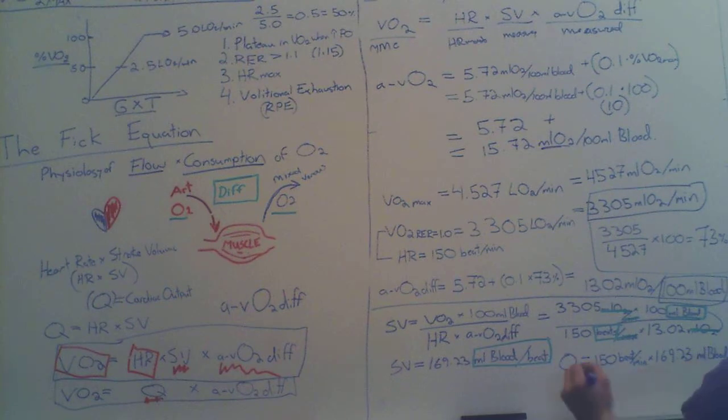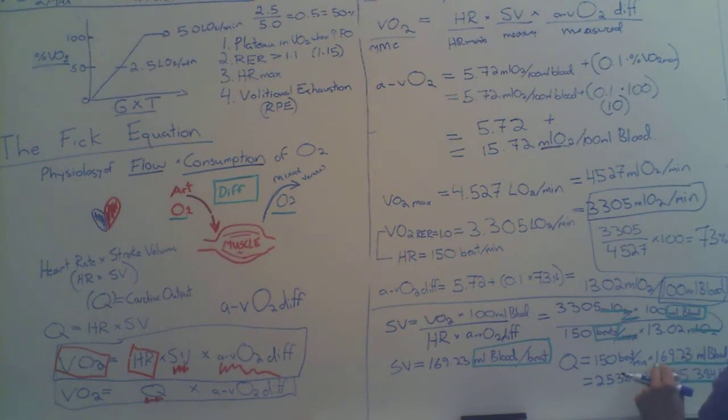And we're left with an answer, it's going to be a large number here, 25,384 milliliters. Or, if you want that in liters, we divide by 1,000, we get 25.384 liters per minute. So that's cardiac output.